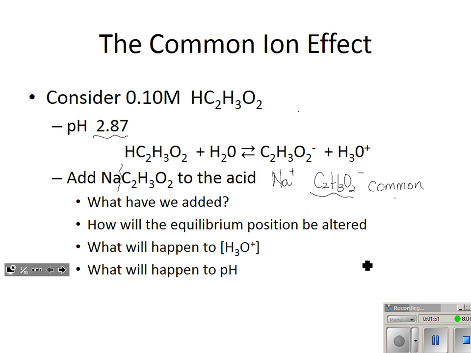Now let's consider what's going to happen if we add sodium acetate to a solution of acetic acid. We have added the acetate ion, which is a product species.